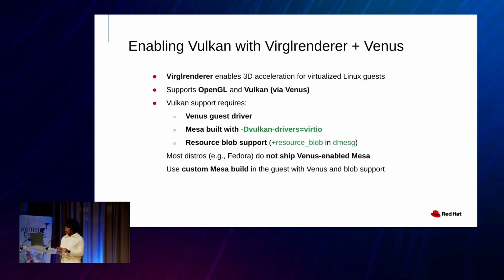If you see resource blob, it means that resource blob is supported. After we did the setup, we validated it using Vulkan's vkcube, which we ran inside the guest. That's not a true Vulkan pass-through, but it's a fully virtualized Vulkan environment, because we are handling it using the path of Venus to virtual GPU to virglrenderer backend.